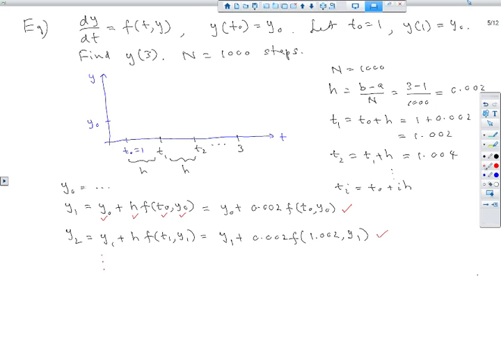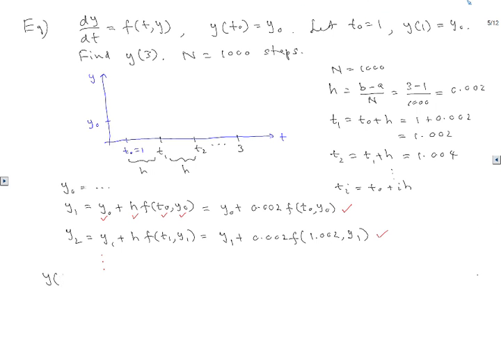So at what step are you going to get y3? So you're looking for y3. At what step are you going to get y3? So y3 is simply y1000, right?